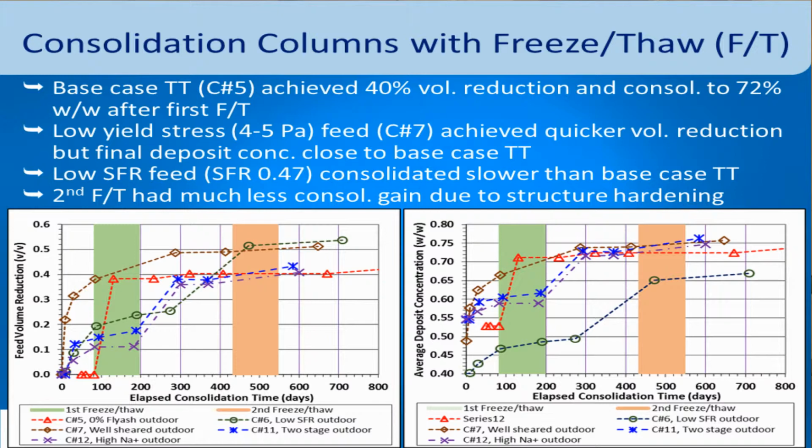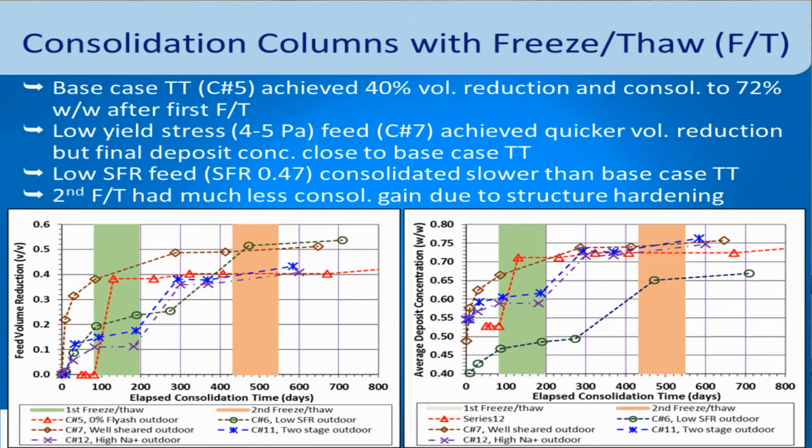And the low yield stress, we showed the base case, remember that is 20 to 30 Pascal. That mimics when you transported the fresh TT from the thickener to the DDA, then you reach the end destination yield stress around 20 to 30.